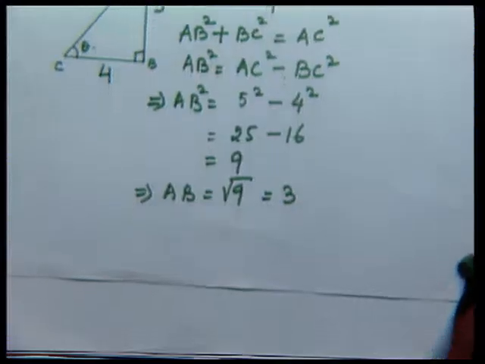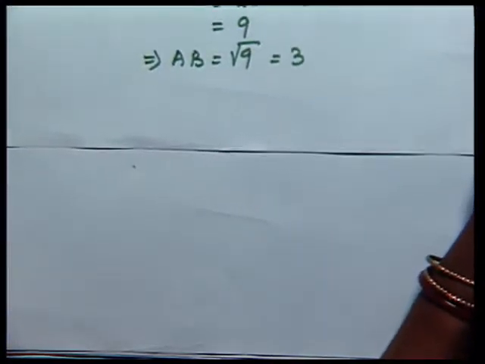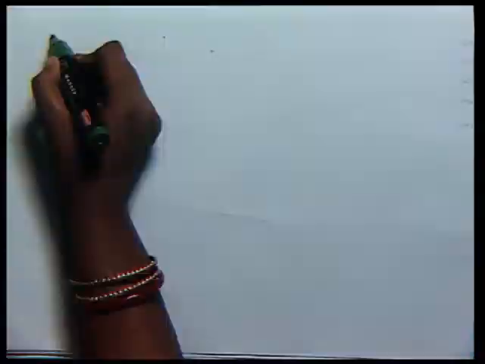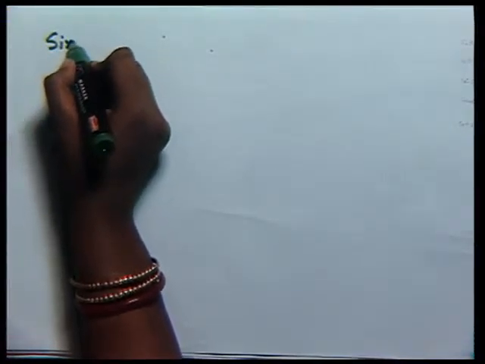So, if this side AB is equal to 3, then we can find out the other 5 ratios. In this case, first of all, we will have sin theta. Sin theta is nothing but the ratio of the side opposite to the angle theta to that of the hypotenuse.